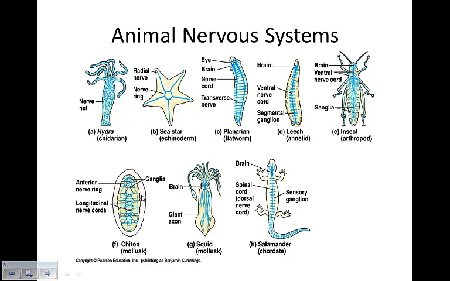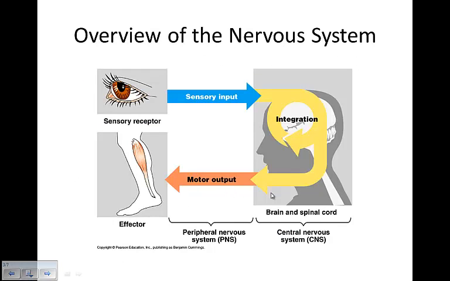As we're getting more and more complex, we have this ganglia here and the ganglia here. So we're getting into more brain-like structures, not with the sea star, but getting into the planarian. And then the squid has a brain, and then of course the salamander.